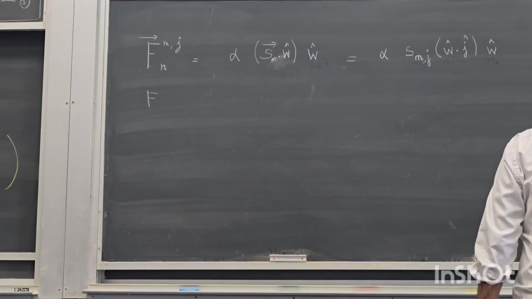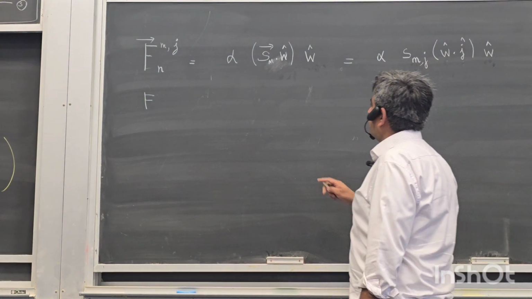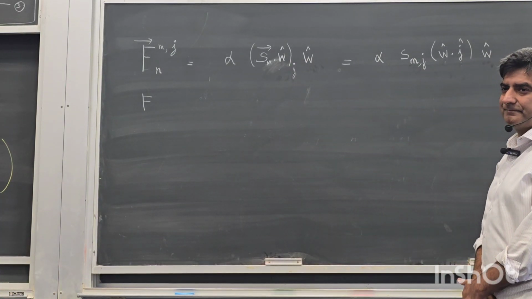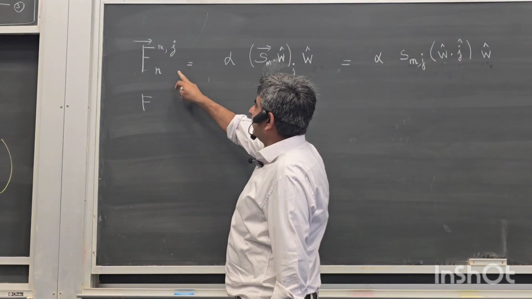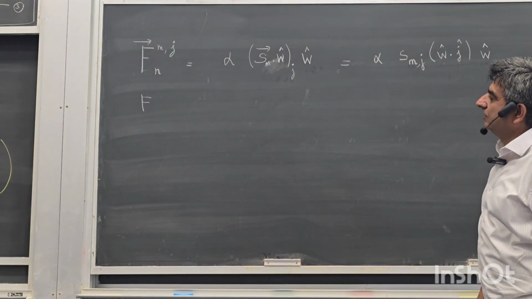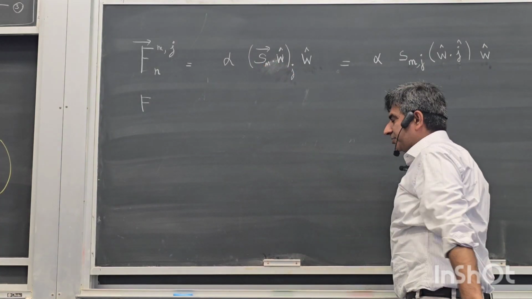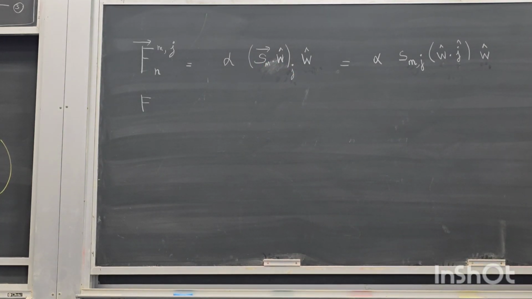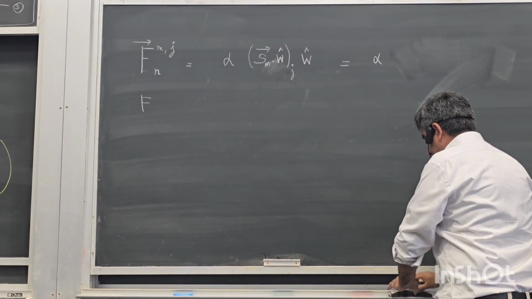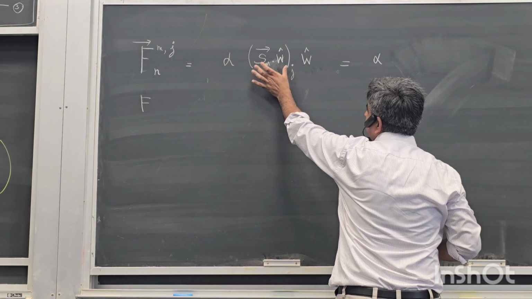Now what we would like to do is have the jth component of this vector. So when we have the displacement S explicitly along j, we need the jth component of this vector. The jth component is simply, now what is this?